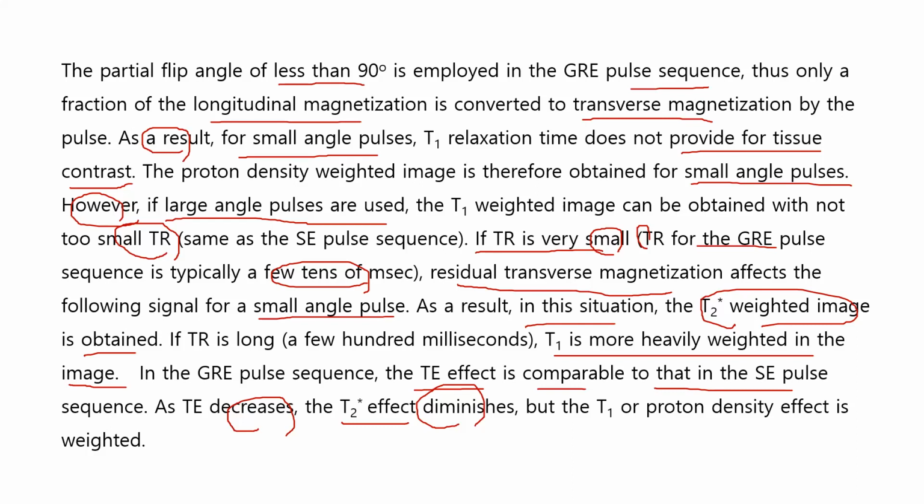So we can get several different weighted images depending on what kind of TR we use. So we use small angle pulses.